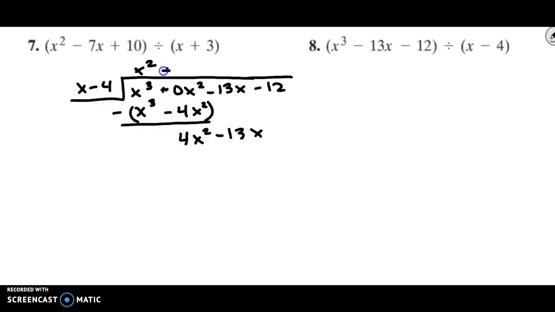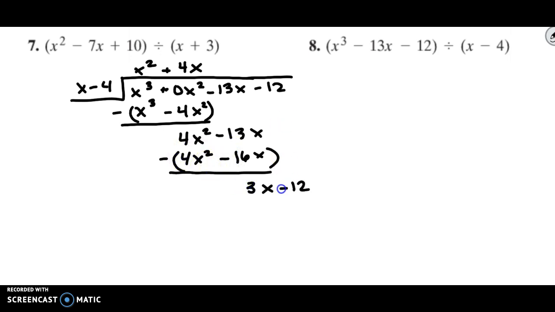Well, in this case, I would multiply it by 4x. 4x times x, 4x squared. 4x times negative 4 is negative 16x. Now I subtract this expression from the one above, so 4x squared minus 4x squared cancels out. Negative 13 minus the negative 16, so negative 13 plus 16 gives me 3x. I bring down the negative 12.